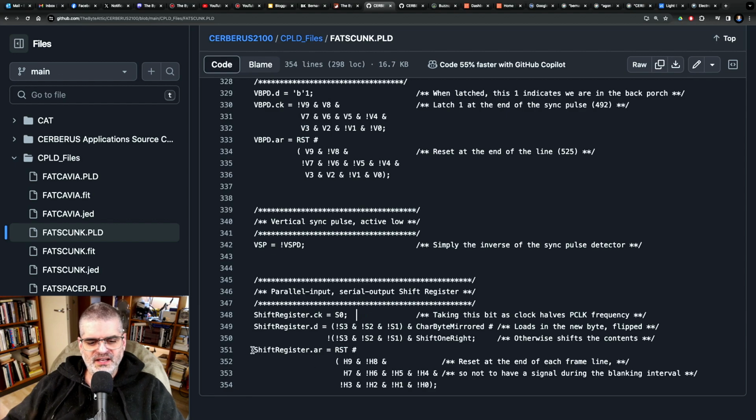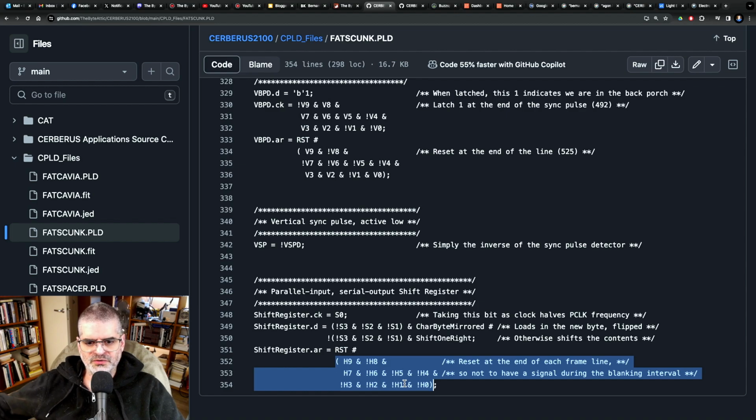Much easier. And then we are left only with the reset, which is either the general reset or this condition based on the lines of the horizontal counter. And if you decode what binary value this means, this is at the end of each frame line. When you get to the end of the frame, you're going to start the horizontal blanking interval, then you reset everything.